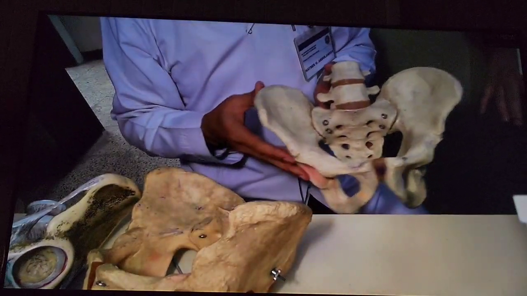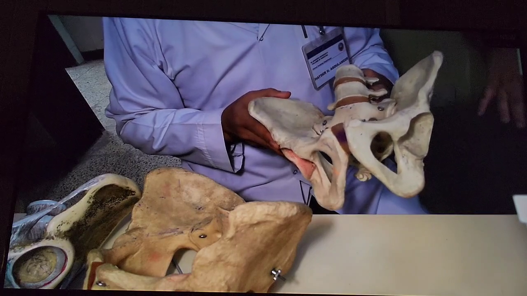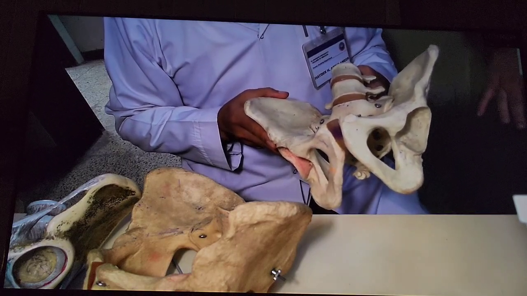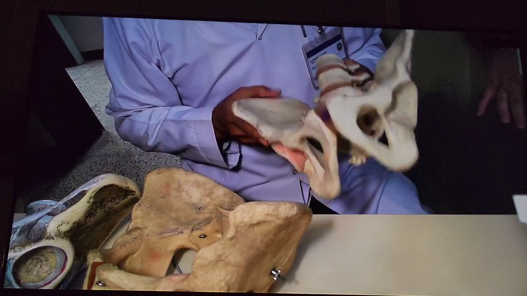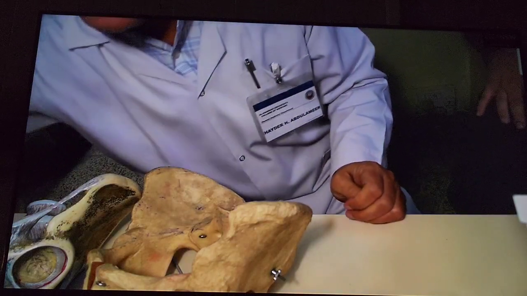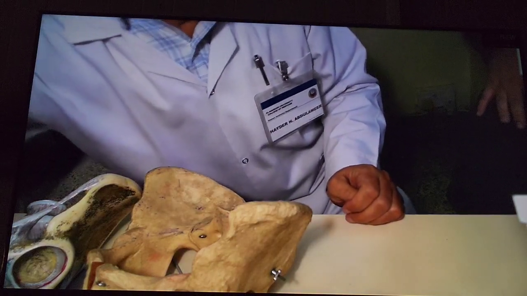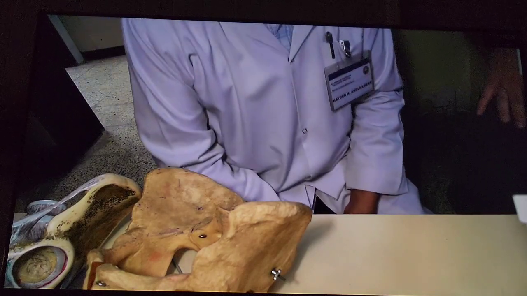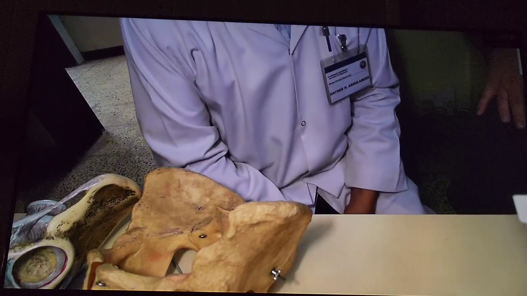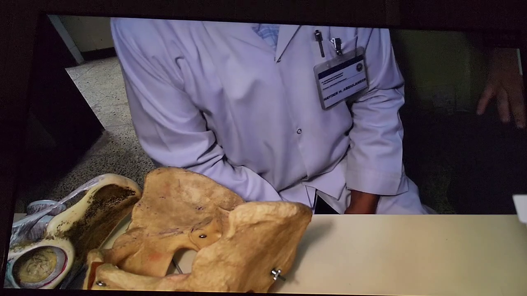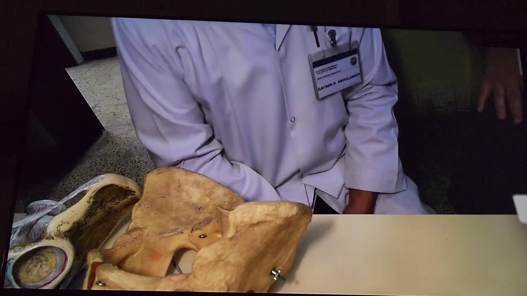This is the android pelvis, or male pelvis, and other types include the anthropoid and platypelloid pelvis.